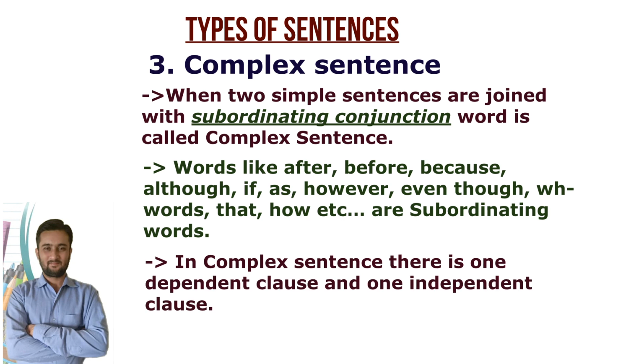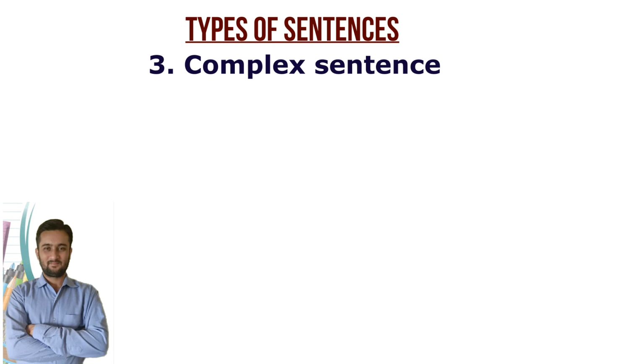Remember that in a compound sentence, both the sentences were independent clauses, but now in a complex sentence, one part is dependent and one part is independent. And how do we know which part is dependent and which is independent? So let's learn through some examples.